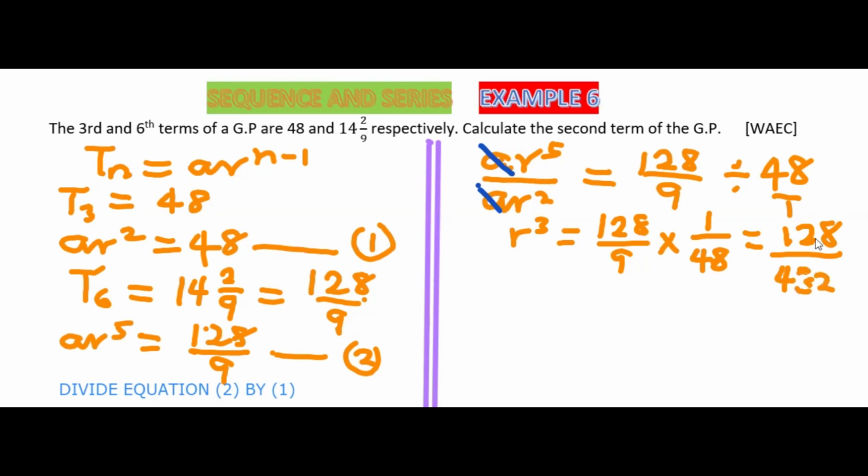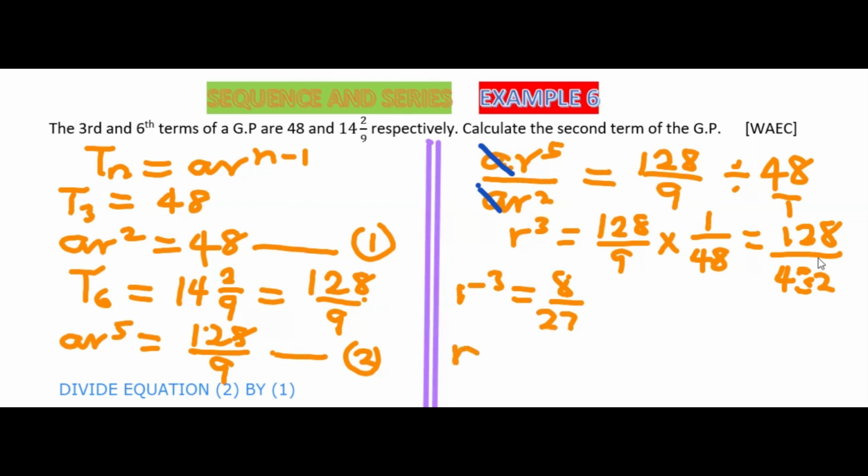So we can use our calculator to simplify 128 divided by 432, and we leave it in the least fraction possible. We'll have r to the power of 3 equals 8 over 27.